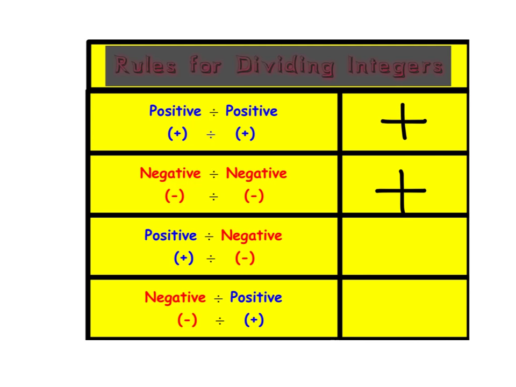Also positive. If you have a positive divided by a negative, or the signs are different, we end up with a negative. And a negative divided by a positive, you end up with a negative. Make sure you have this either copied in your notes or screenshot and saved in Notability, because these are the rules we'll use for the rest of the day.